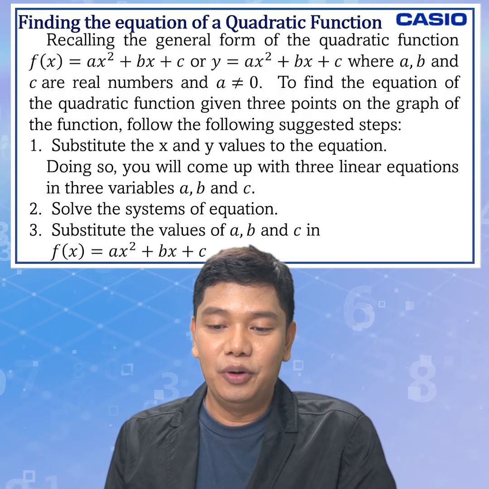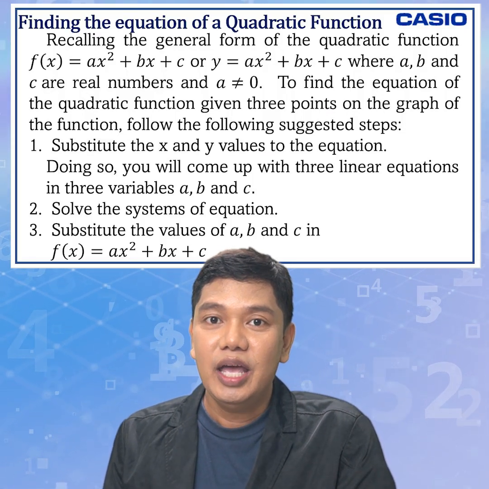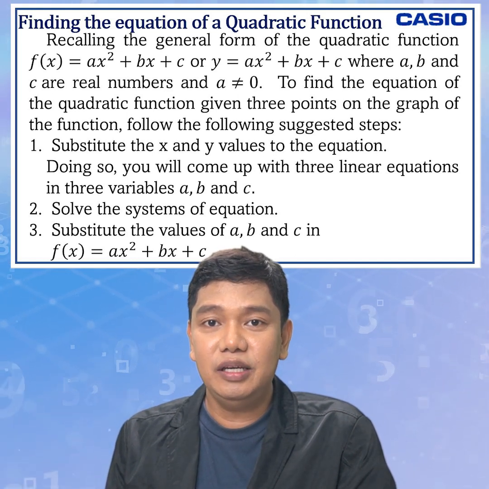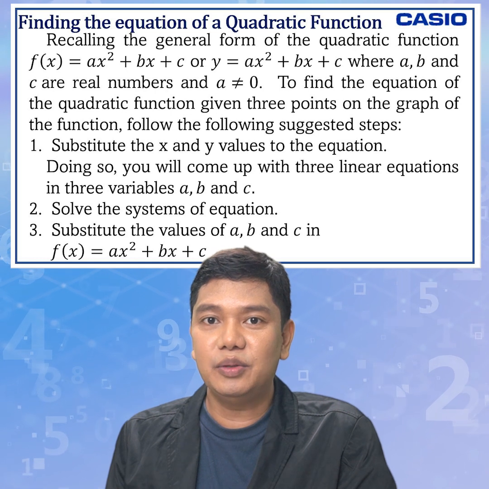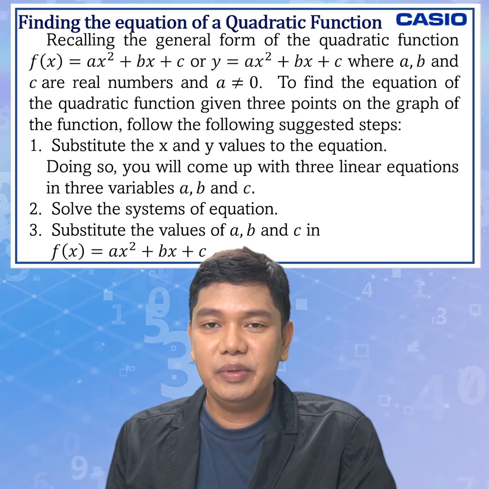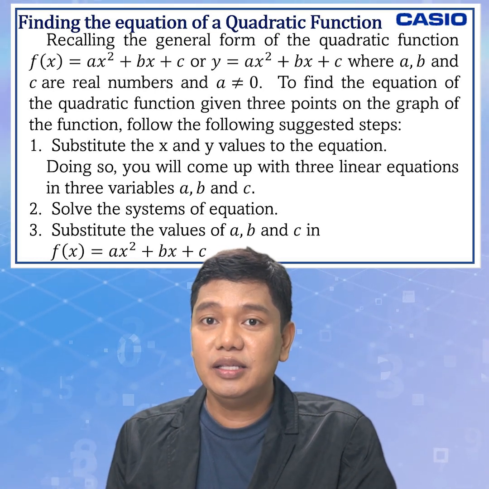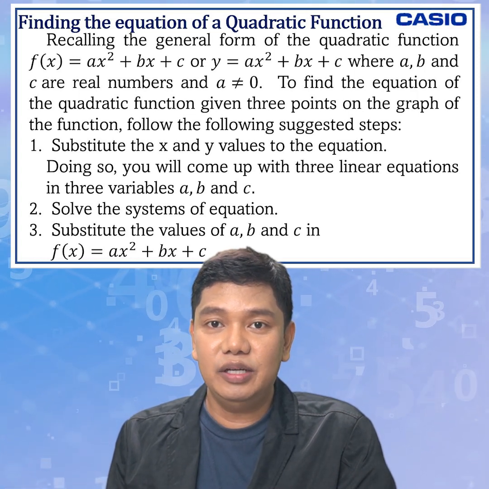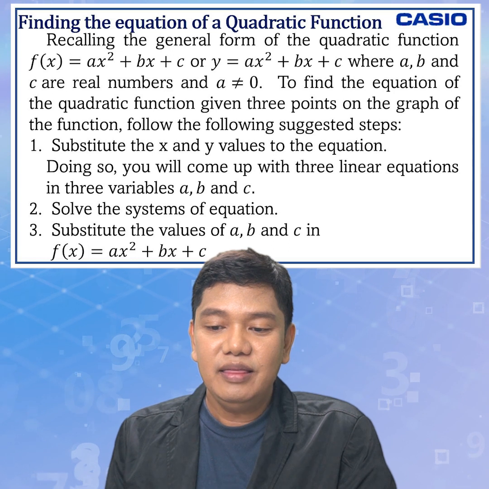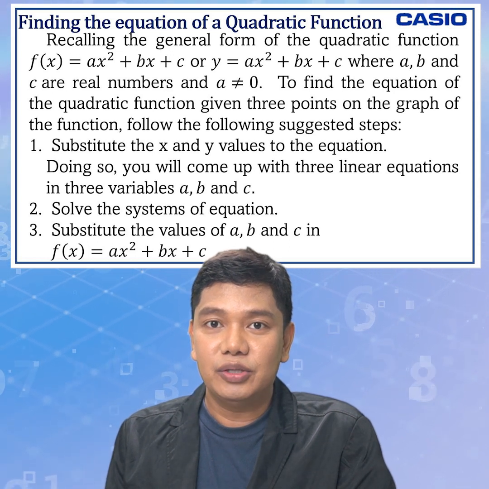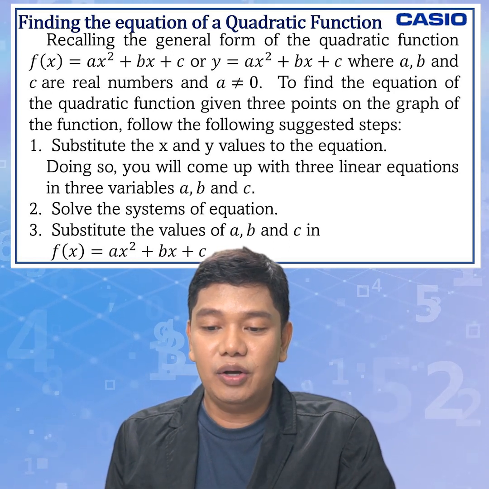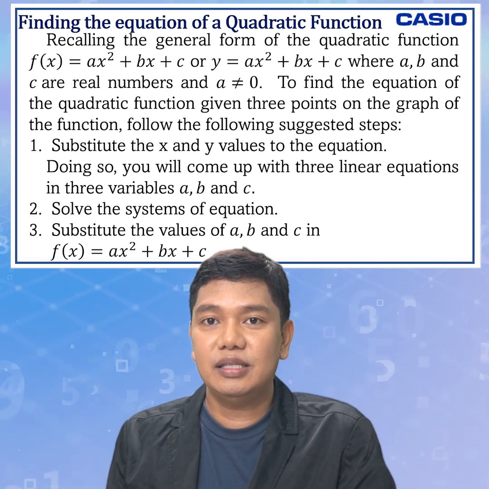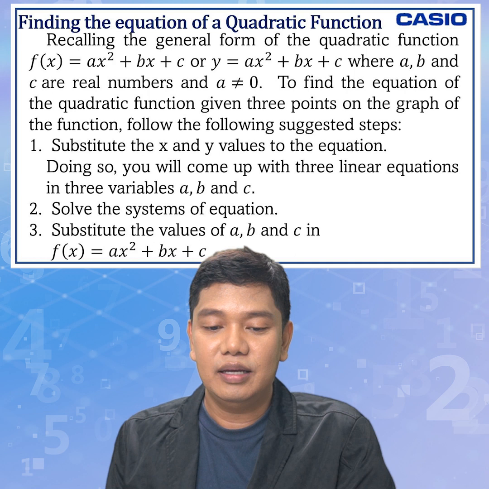Recalling the general form of the quadratic function, f of x is equal to ax squared plus bx plus c, or y is equal to ax squared plus bx plus c, where a, b, and c are all real numbers and a should not be equal to 0. To find the equation of the quadratic function, given 3 points on the graph of the function, follow the following suggested steps. 1.